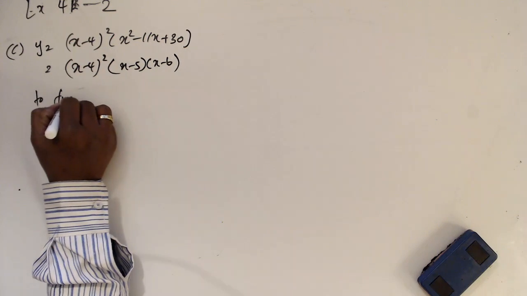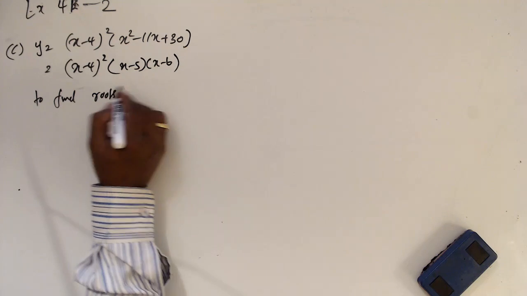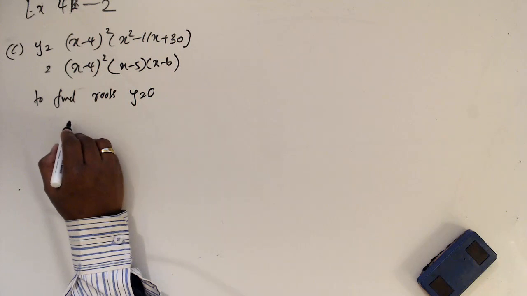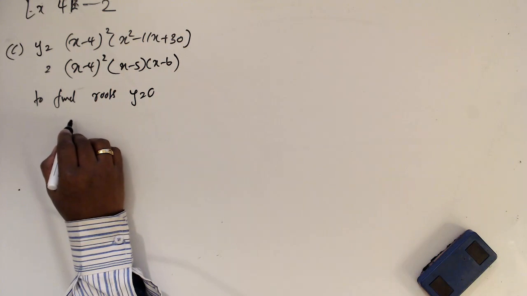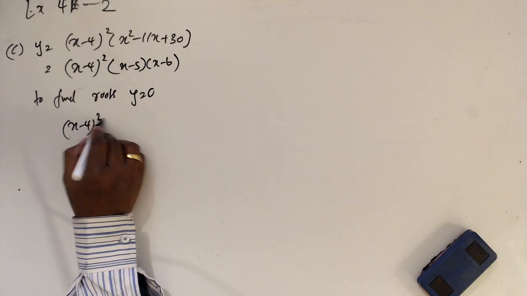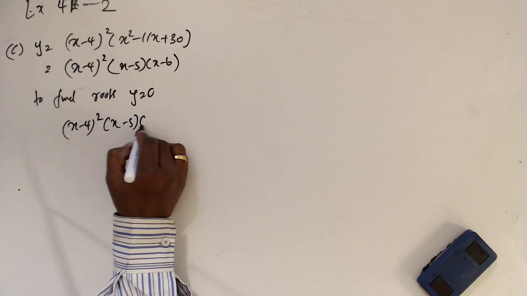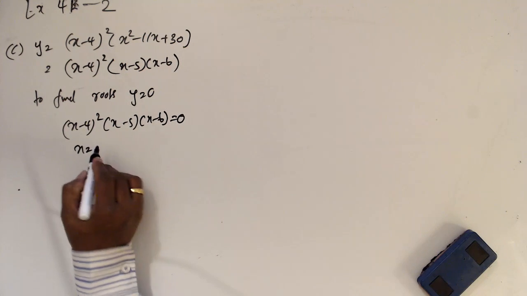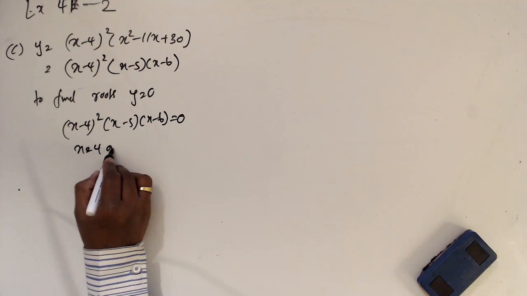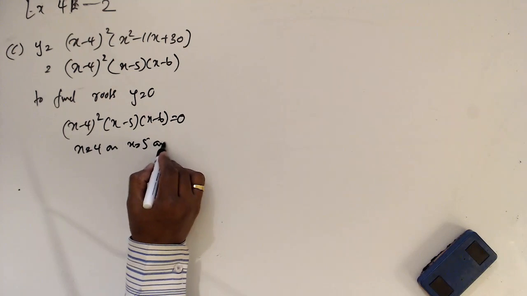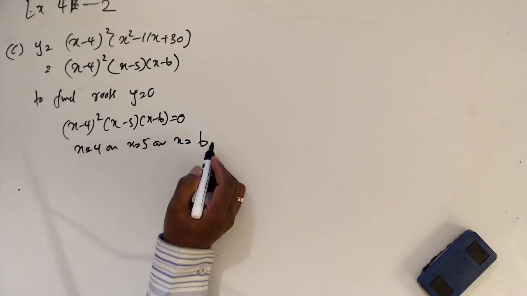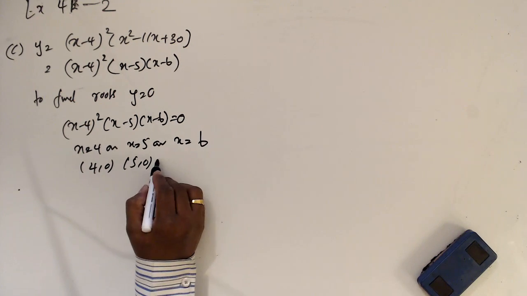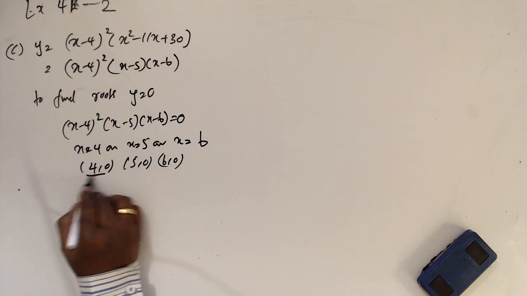To find roots, you want to make y equal 0. Then (x - 4) squared, (x - 5), (x - 6) equals 0, x equals 4 or x equals 5 or x equals 6. So the coordinates of the roots are (4, 0), (5, 0) and (6, 0), and this is the repeated root.